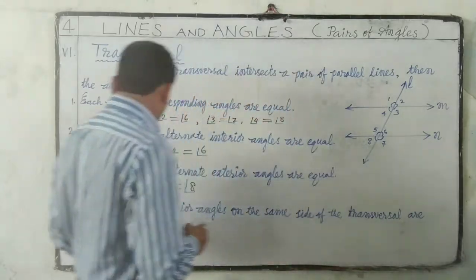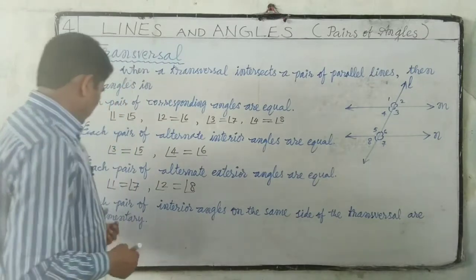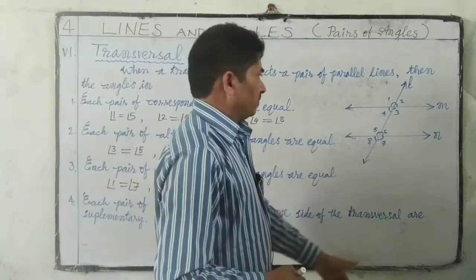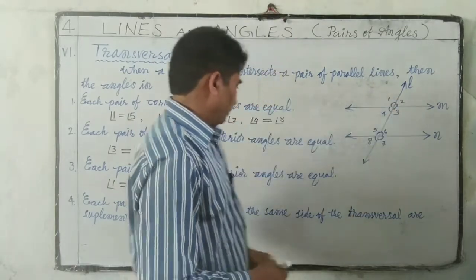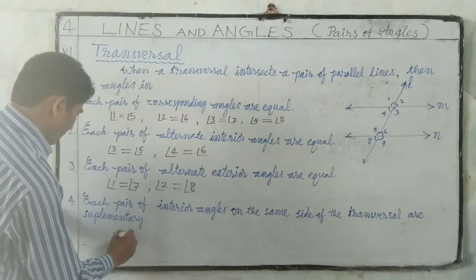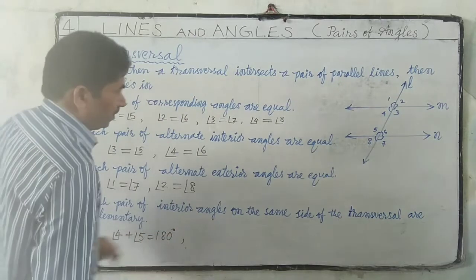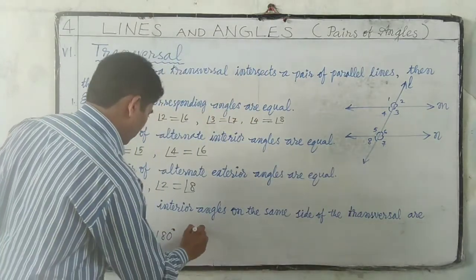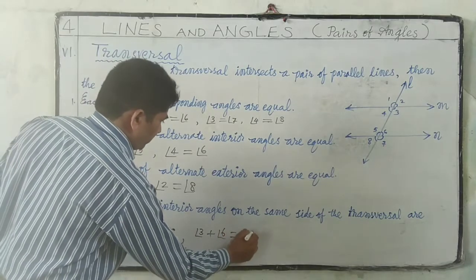So for each pair of interior angles on the same side of the transversal, 4, 5, 3, 6: angle 4 plus angle 5 is equal to 180 degrees, and also angle 3 plus angle 6 is equal to 180 degrees.